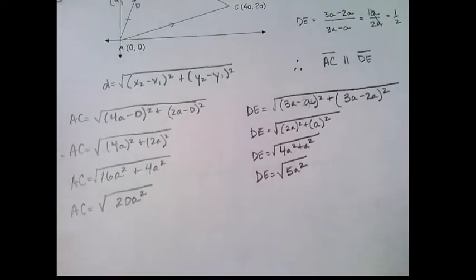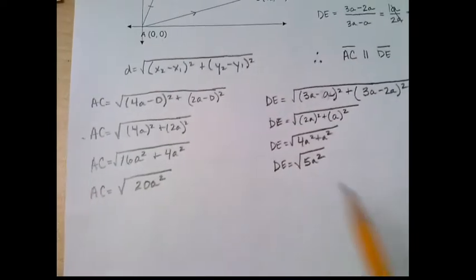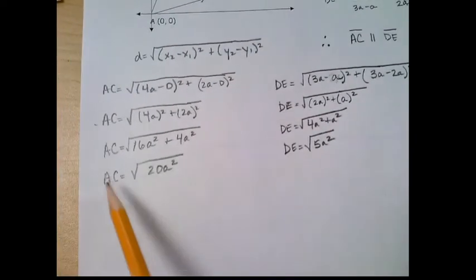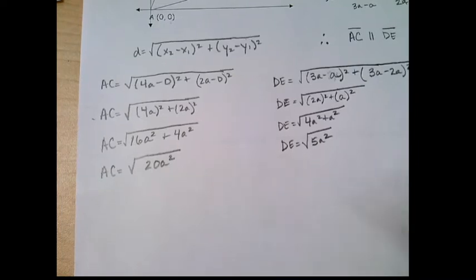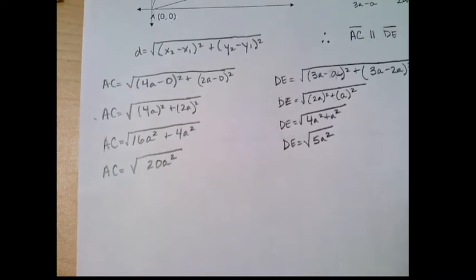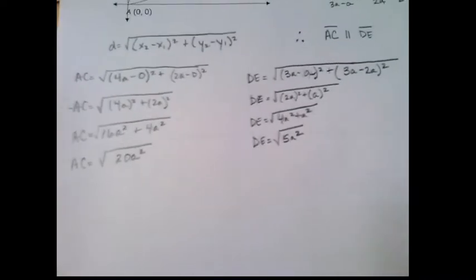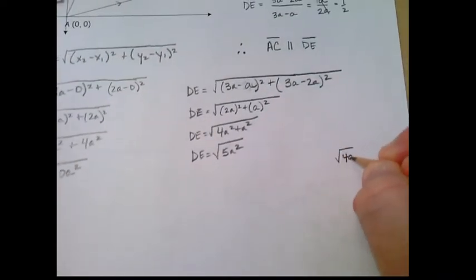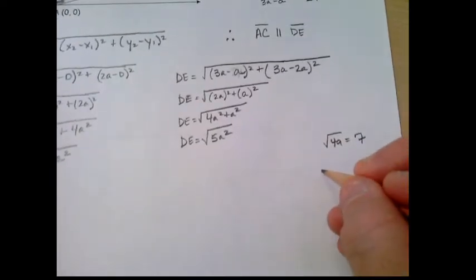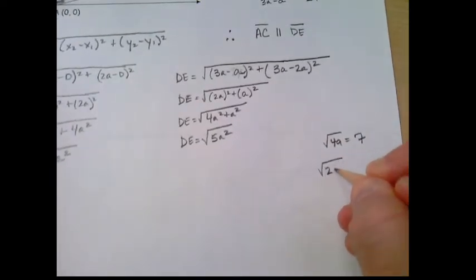Now, as of right now, I just told you a moment ago that this is half the length of this. This doesn't look like it's half the length, does it? I was curious if I was going to have to teach you this, but here it goes. If I was to simplify a square root, you guys should know by now the square root of 49 is 7. So what is the square root of 20?